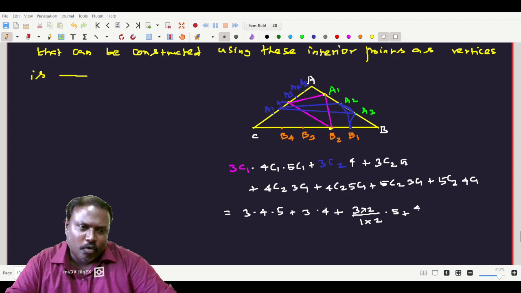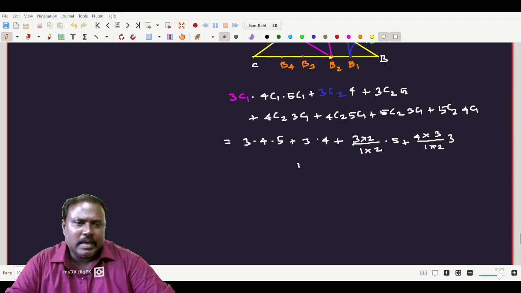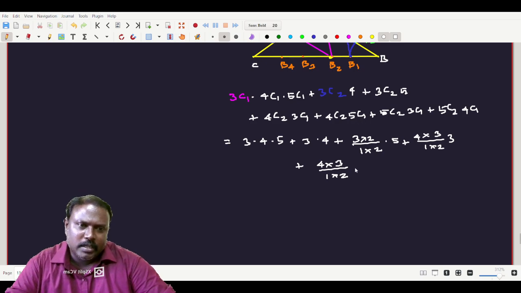Plus 4C2, 4 into 3 divided by 1 into 2, into 3C1, which is 3. Next 4C2, 4 into 3 divided by 1 into 2, into 5C1, that's 5. Then 5C2, 5 into 4 divided by 1 into 2, into 3, and 5C2, 5 into 4 divided by 1 into 2, into 4.